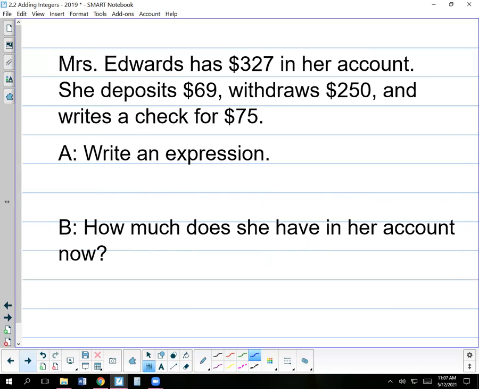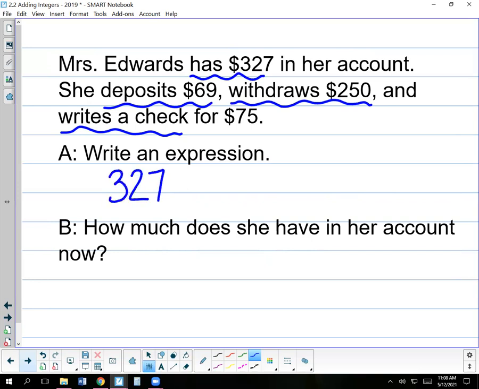Let's see if you remember this. Look at the board. Let's see if you can write this expression. I want to see if you remember what deposit versus withdrawal means, and if I write a check. So we're starting out with this much money in my account. Positive, we're in the positive, good, I'm not in the negative.